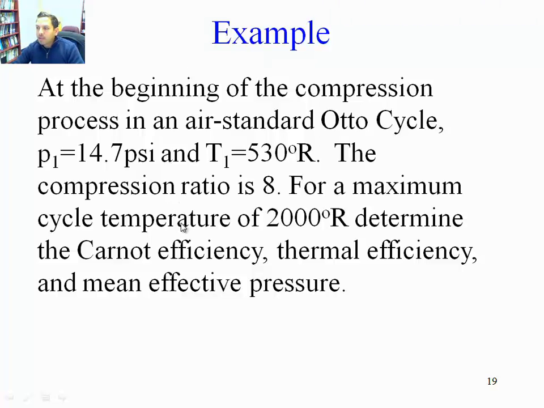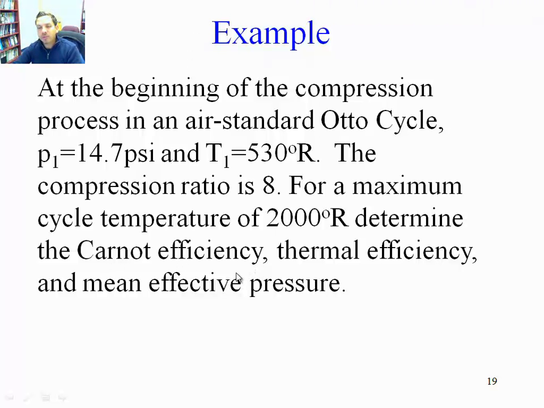We're told that the maximum cycle temperature, which is the temperature at the end of the combustion process, point 3 in the cycle, and we are to determine the Carnot efficiency, the thermal efficiency, and the mean effective pressure. Now, the Carnot efficiency is just the calculation that is done for a point of comparison, so that we know for a fact that the thermal efficiency that we calculate can never surpass the Carnot efficiency.